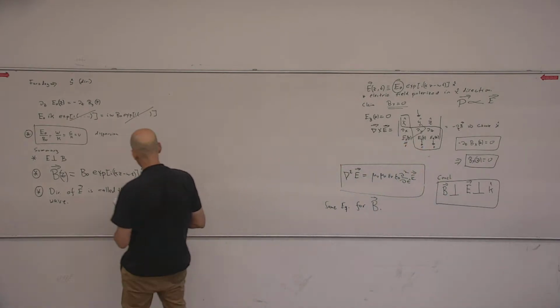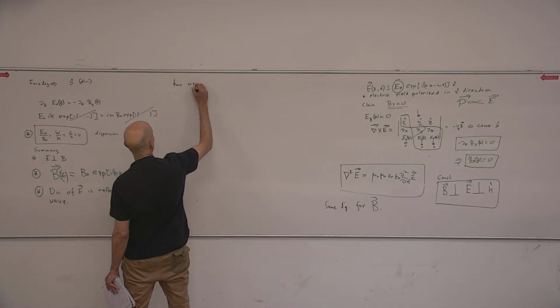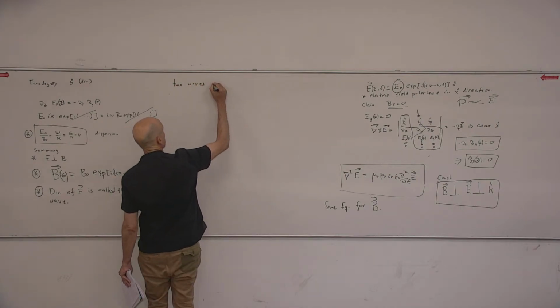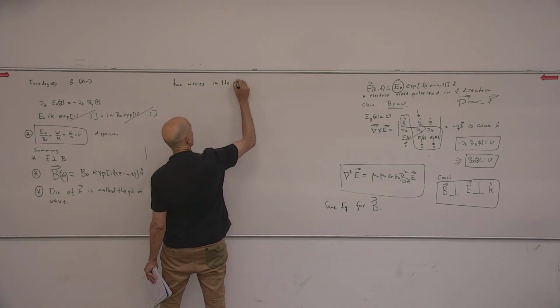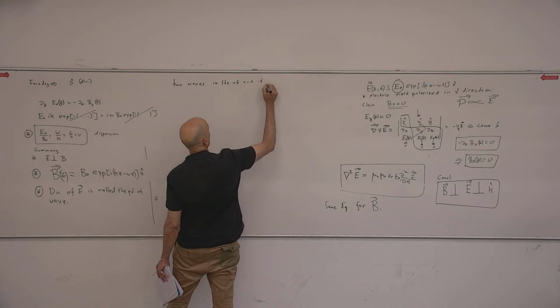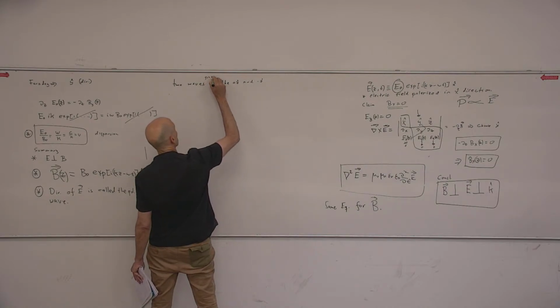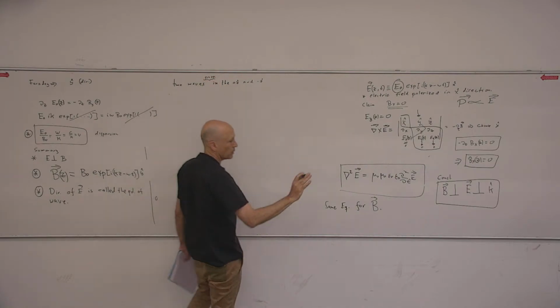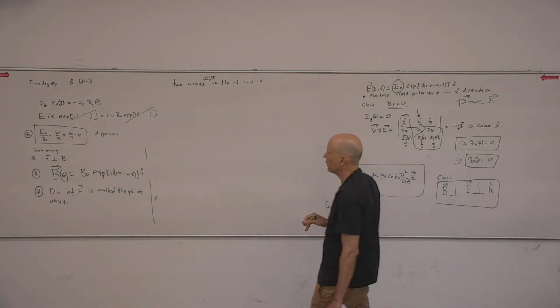And then we have two waves, just so we can plot it now, in the plus z and minus z directions, two waves propagating. When I say propagating, I mean that is the direction of k, and soon we'll elaborate on this.